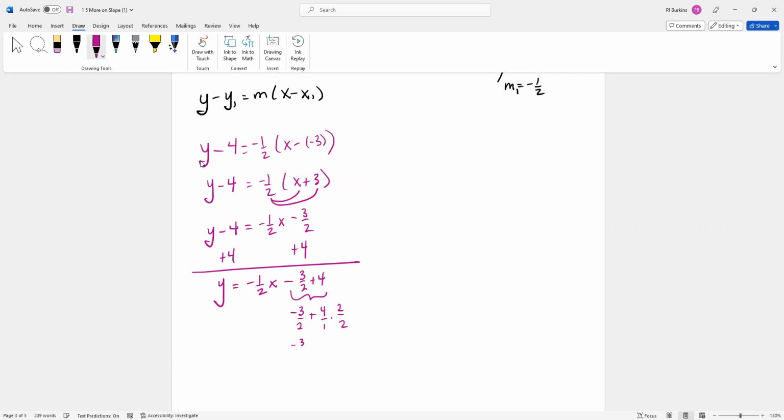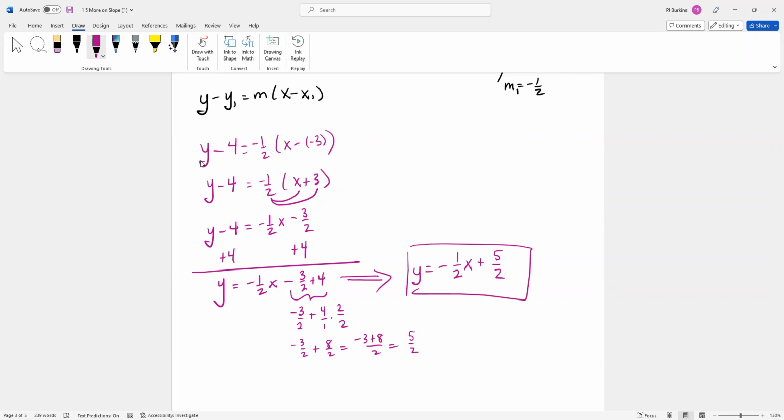So this is minus 3/2 plus 8/2, which if you put them together now, it's like this. And that gives me 5/2. So that means, and by the way, the arrow that looks like this means implies in mathematics, y equals minus 1/2 x plus 5/2.